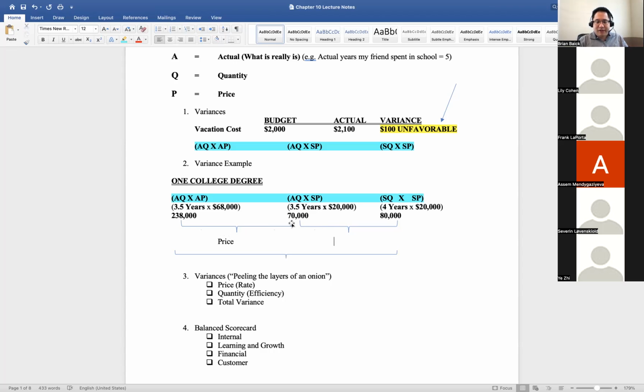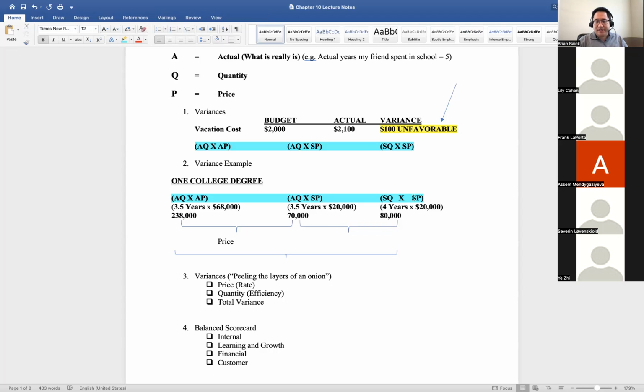Okay, so the 70,000 is in the middle, and then you have 80,000 at the end. So where does the 70,000 come from? It's actual quantity times standard price. Where does the 80,000 come from? That's standard quantity times standard price. Notice that the term in the middle has standard price.